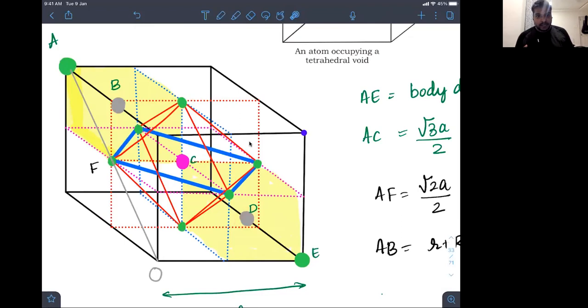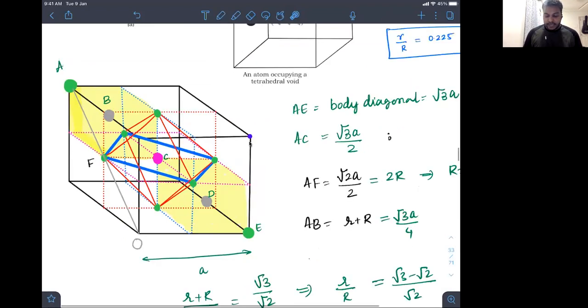Which means, students, observe this: from here, this distance, if it is x, from here to the center of the cube is also x, from here also x, from here also x, till this point it is x. So if I take all those, 4x will become how much? Body diagonal distance.